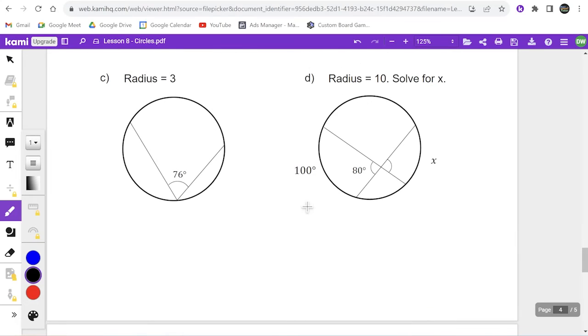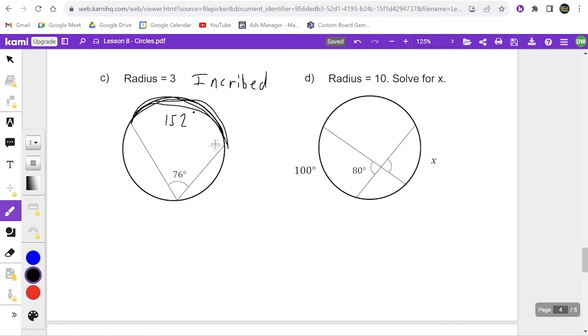So anyways, with the next one, radius equals 3. What kind of angle is this? This is the inscribed angle. Yes, this is the inscribed angle. Which means if that's 76, what's the arc length going to be? Whatever 76 times 2 is, it's going to be 152 degrees.